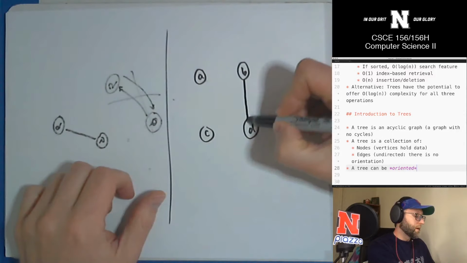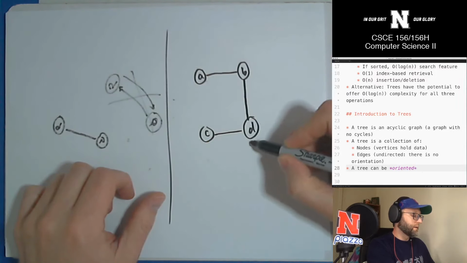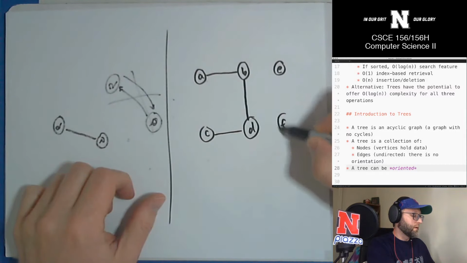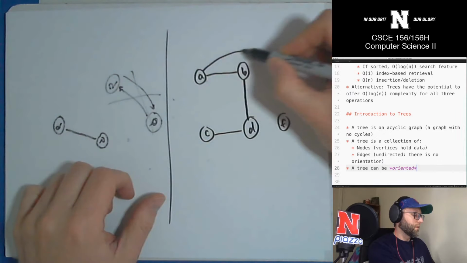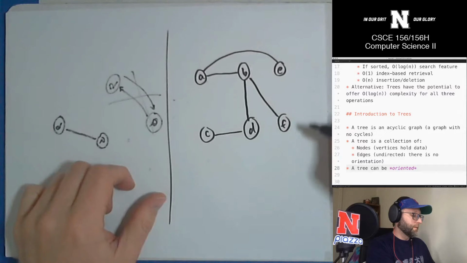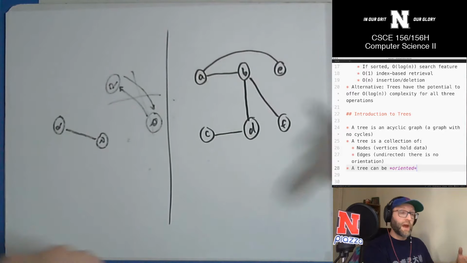All right. So here is a tree. Let me go ahead and draw a few more here. There we go. And there. Now, if I draw any more edges here, then that means that I'm going to have a cycle. And that's not going to be a tree.